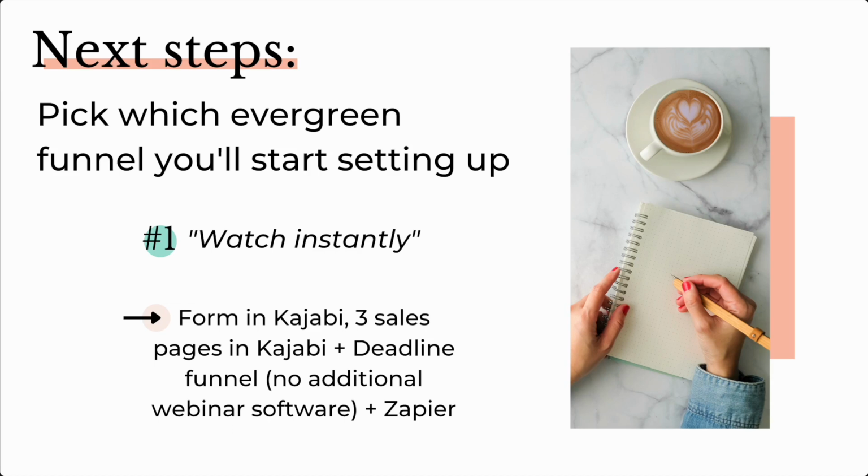You'll need to create a form in Kajabi and 3 sales pages, one of which will be the page with your webinar video and special offer, aka the urgency. And then you'll also need Deadline Funnel software that will create that urgency in the form of a countdown timer, tracking users by their IP address. And so that everything works properly, you'll also need Zapier to integrate Kajabi and Deadline Funnel together.